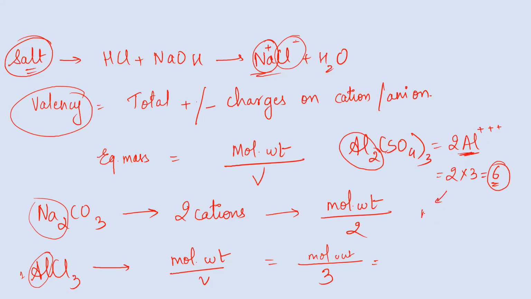So number of cation multiplied by charges on cation. That is the valency factor. And then I will take the molecular weight of aluminium sulfate divided by 6. And whatever value I get is the equivalent mass of aluminium sulfate. Okay.